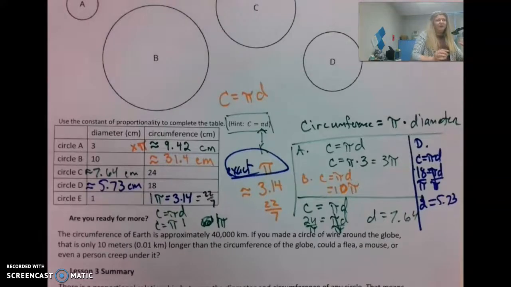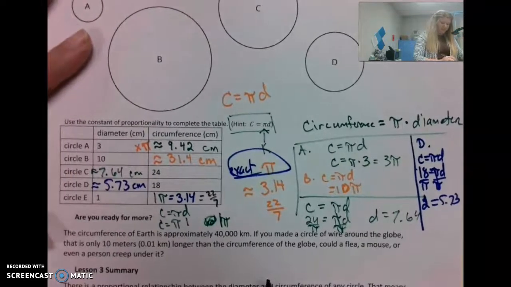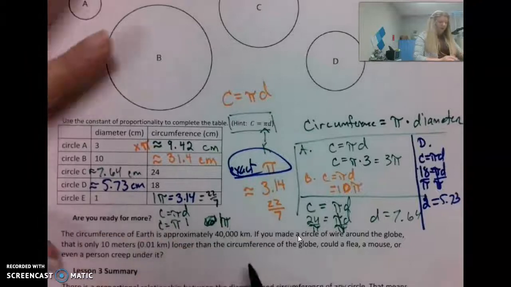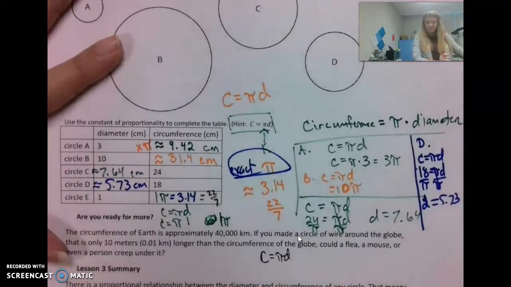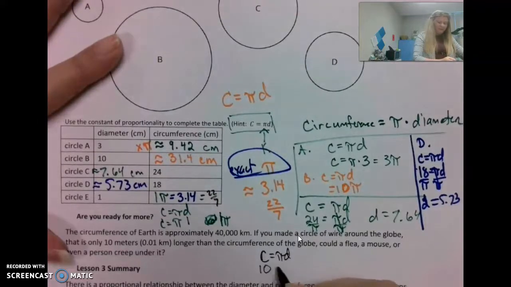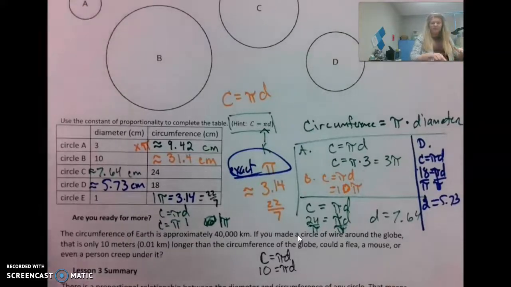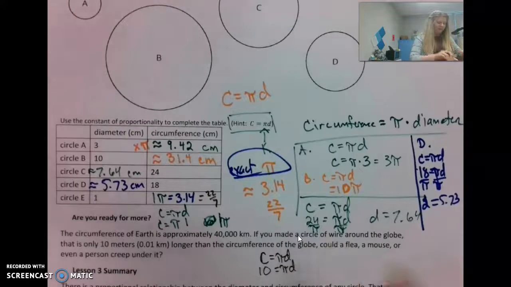So let's just think about that. If they add 10 meters to the circumference, how does that change that distance? Circumference is pi times the diameter. So if we're adding the 10, how does that change our distance there?